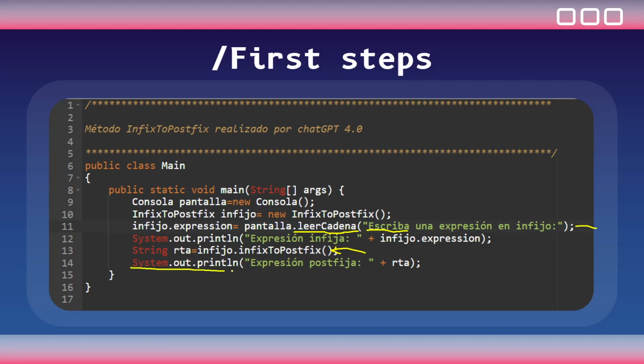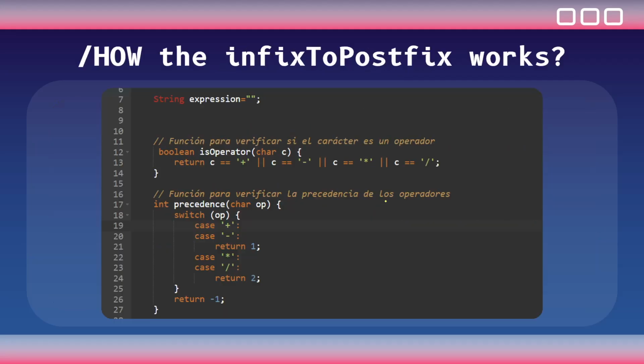And then we'll print the result. So let's see. Initially, we have those methods. Boolean is operator, and what does this method do?